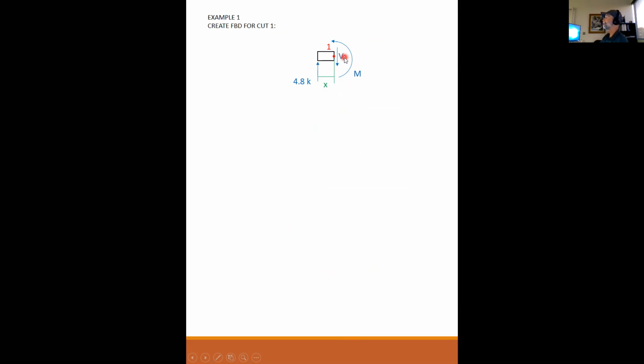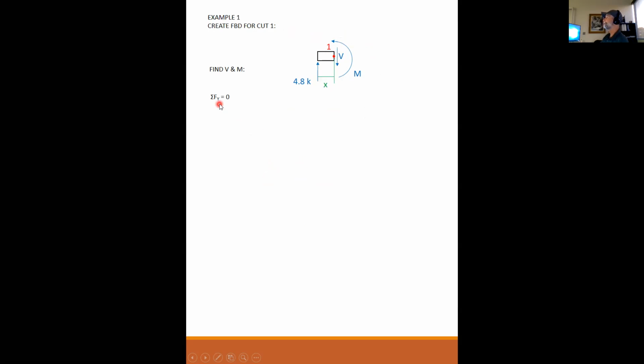I have my shear drawn in the positive sense. I have my moment drawn in the positive sense. And the distance from the end to the cut is some unknown distance, x. Having set this up, now I can find shear and moment equations.